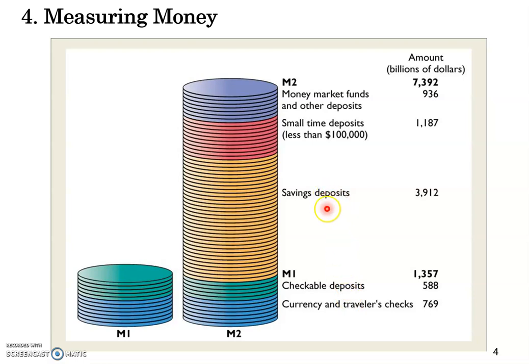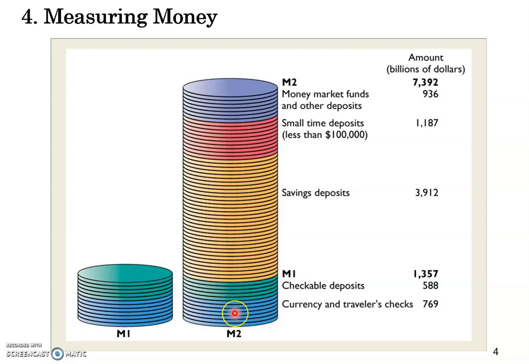For money in your saving account and, for example, money market funds, you can still use it to make a payment, but you have to move the money out of these markets or accounts and put it into the checking account so that it can be eventually spent.